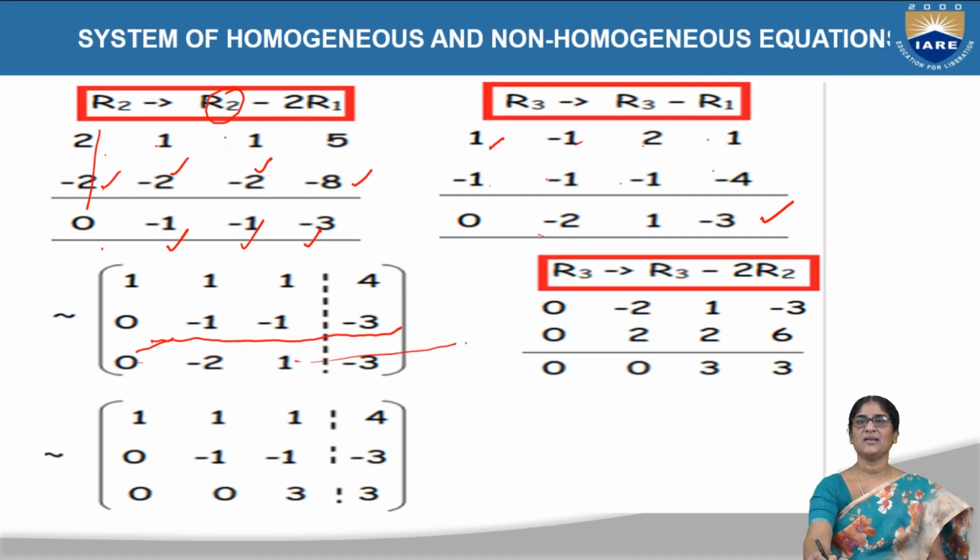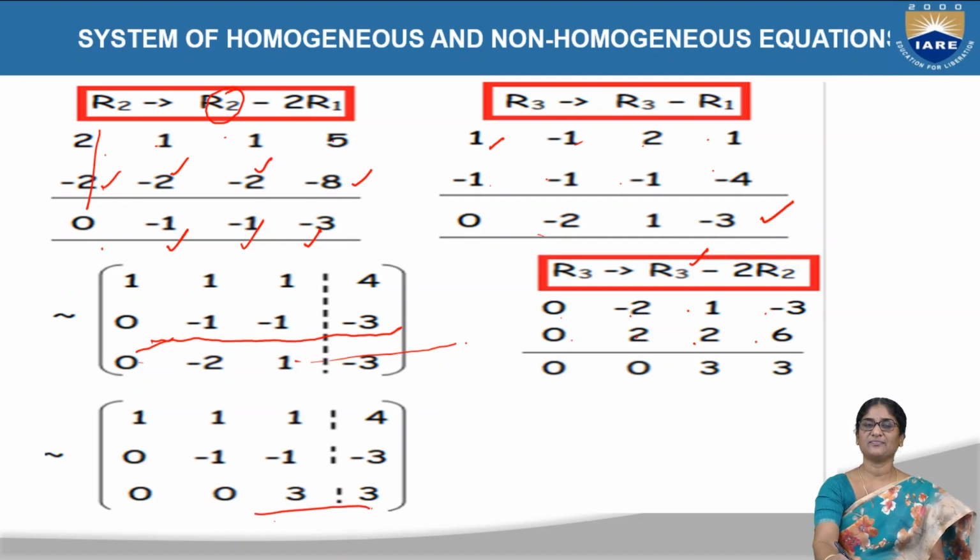The next operation is R3 minus 2R2. R3 is 0, minus 2, 1, minus 3, and 2R2 is the second row multiplied by 2, that is 0, minus 2, minus 2, minus 6. So the result is 0, 0, 3, 3. The third row is also replaced in this manner.